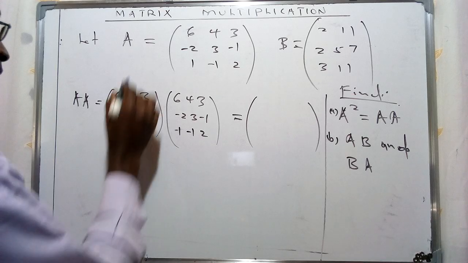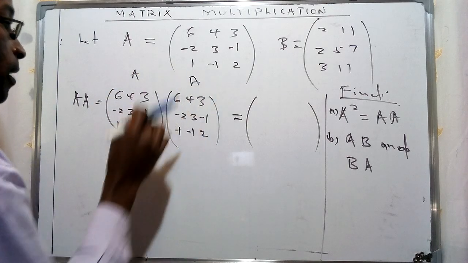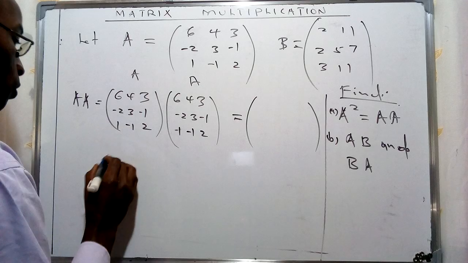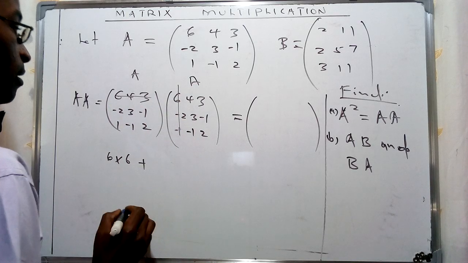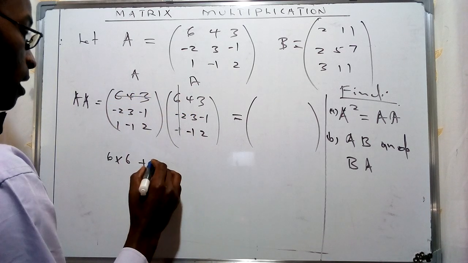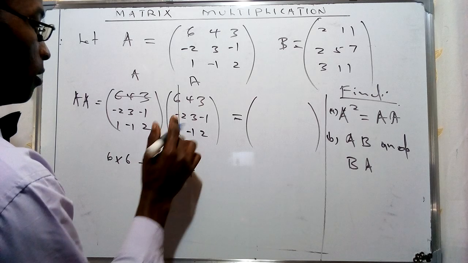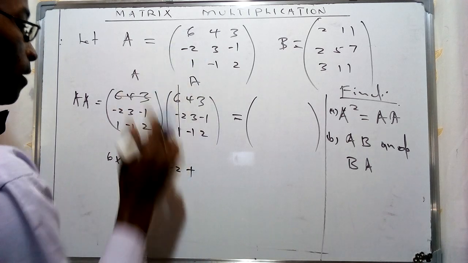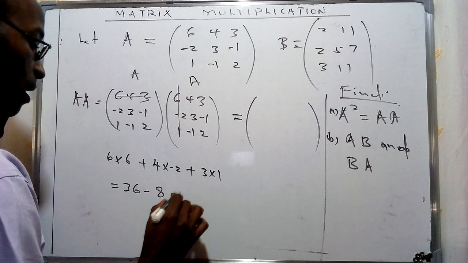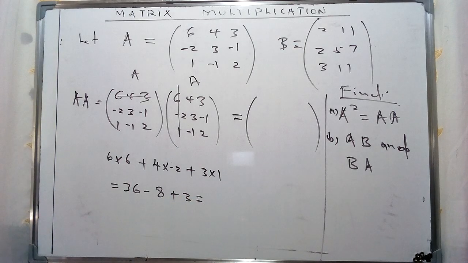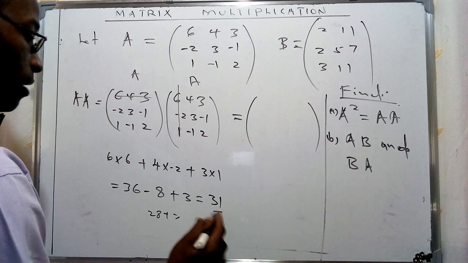We take the first row of this one and the first column of that one and find the first element of the product, which is going to be 6 times 6 plus 4 times negative 2 plus 3 times 1. That gives us 36 minus 8 plus 3, which is 28 plus 3. So this is going to give us a value of 31.